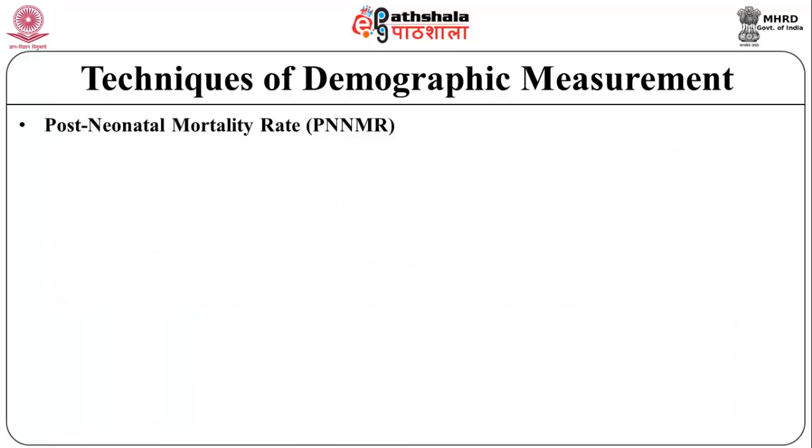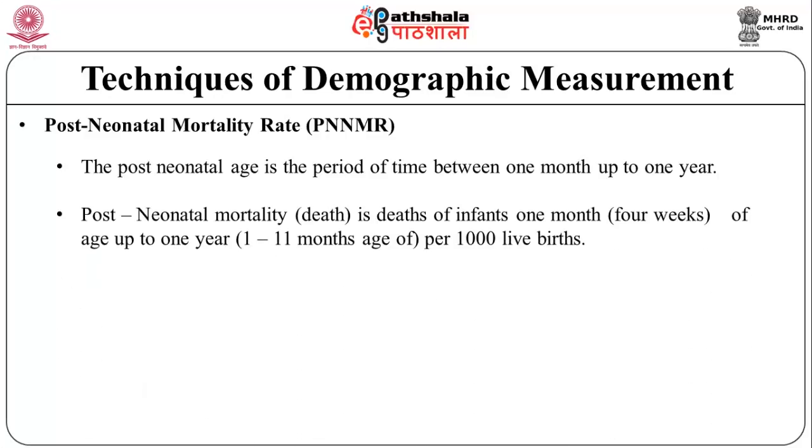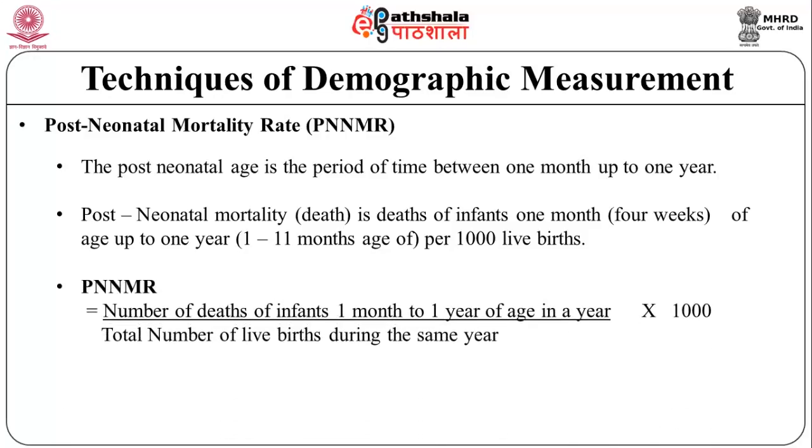Next is post-neonatal mortality rate. The post-neonatal age is the period of time between 1 month up to 1 year. Post-neonatal mortality rate is death of infants 1 month of age up to 1 year, 1 to 11 months of age per 1000 live births. As per the formula, you can calculate the rate.